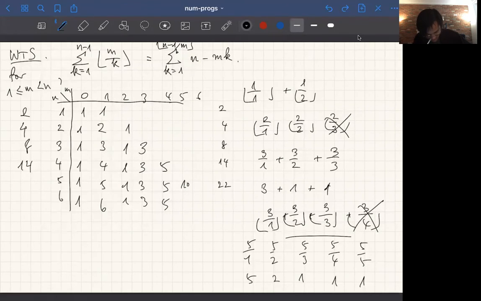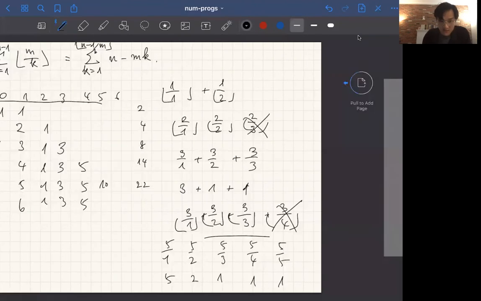Which would be 10. 4. 6, 7, 10, 25? There's no way there's 25. I'm pretty sure it's 22. We could count again, but I think it's 22.